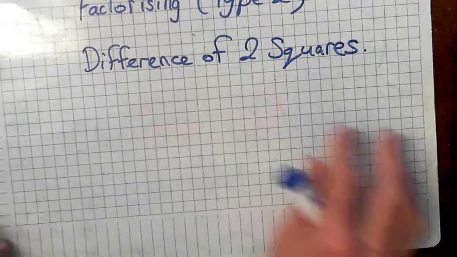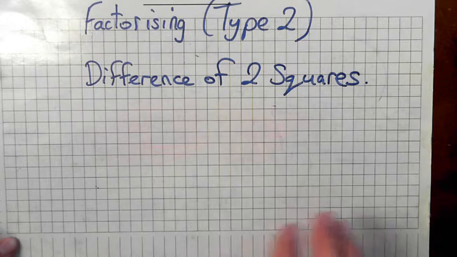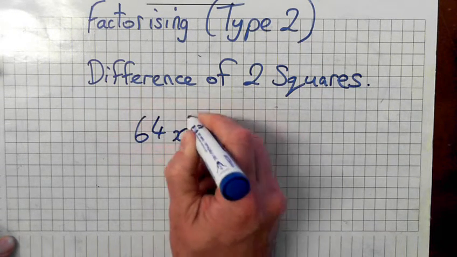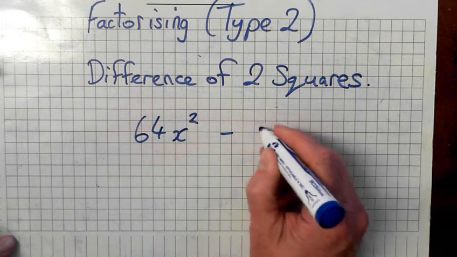Give me a square number. 20. No. 5 times 5 is 25, that is a square number. 4 times 4 is 16. 64 is 8 by 8. So 64x squared minus, give me another square number. 81, which is 9 by 9.